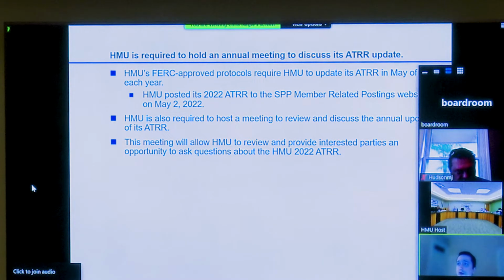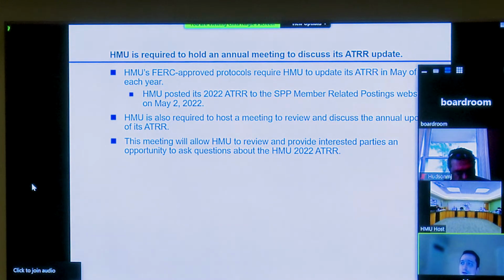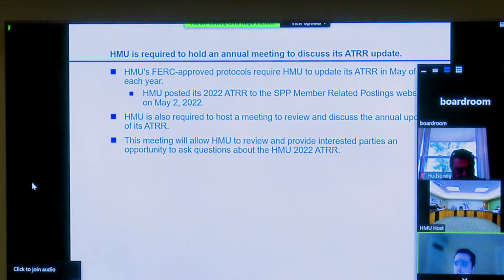These protocols require that the ATRR is updated every May, and this year's ATRR and the Attachment H template was posted on May 2nd, 2022 on the SPP members related posting website. This meeting is also part of that update process in which HMU is required to host a meeting, allow for questions, and just generally discuss the annual update process.